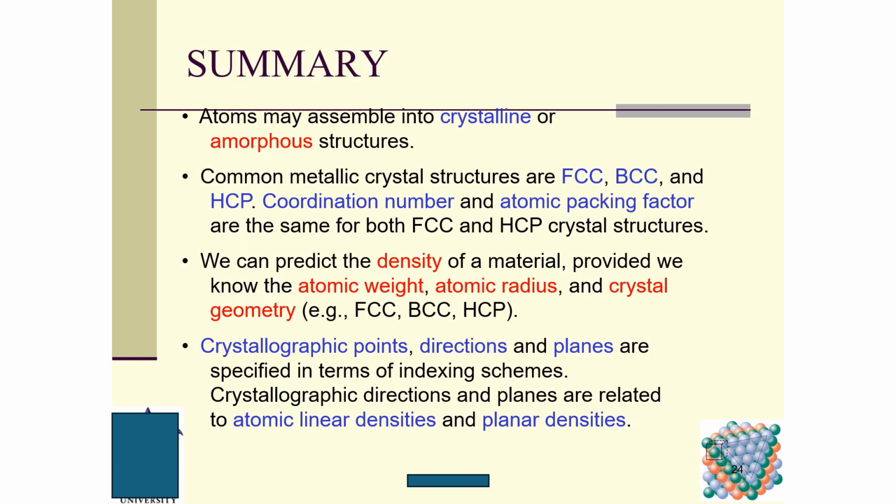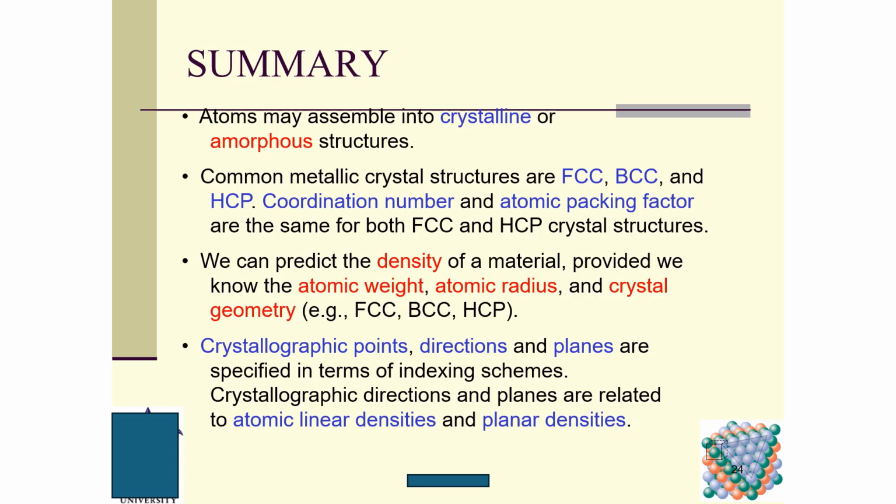So, summary: atoms may assemble into crystalline or amorphous structures. Common metallic crystal structures are SC, and I forgot to write SC here, SC, FCC, BCC, and HCP. Coordination number and atomic packing factor are the same for both FCC and HCP crystal structures, so keep in mind these special facts.